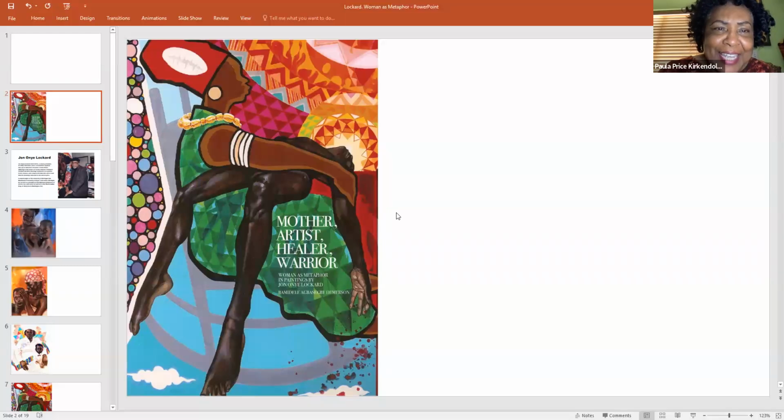It's on the inside cover, and look at her head tie. And at the back of the book, there are the Adinkra symbols and their meanings. I saw that. I have that.